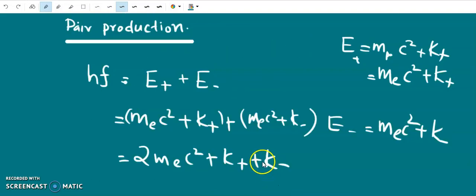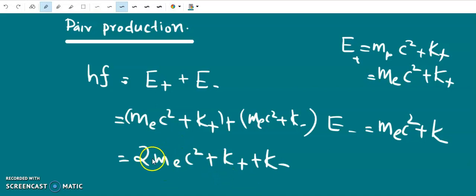So the minimum energy needed for pair production is h nu equal to 2 m_e c squared, when K plus and K minus are zero. That means the positron and the electron created in the pair production process have zero kinetic energies.